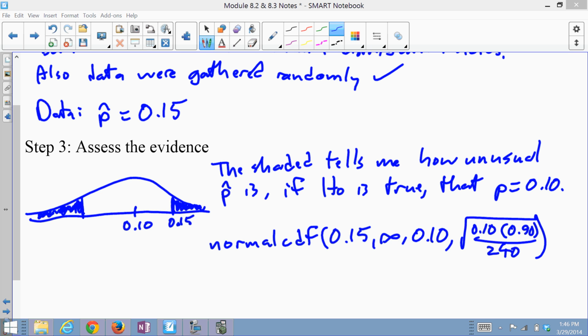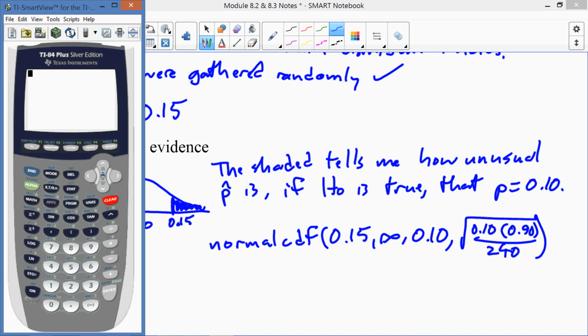I already have my calculator ready. So I hit second and the vars key, and I choose 2 for normal CDF. I enter 0.15, a comma, and a big number. Then a comma, and then 0.10. I could just do 0.1.